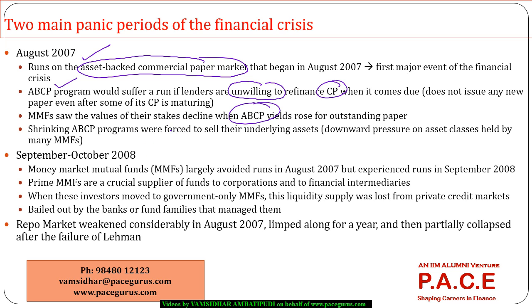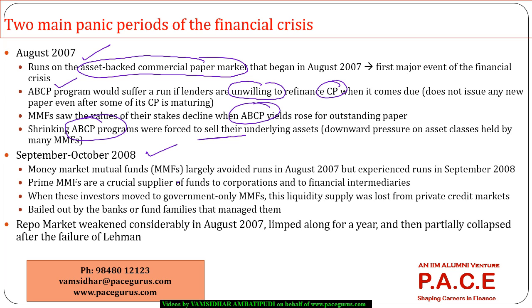Because of this, many asset-backed commercial papers were sold, where the underlying assets were sold at phenomenally lower prices, and the values went down quite drastically, which resulted in the overall collapse during 2007. So that is one major panic period.